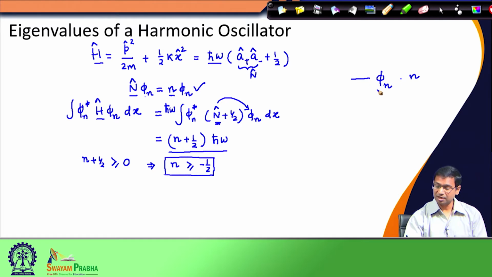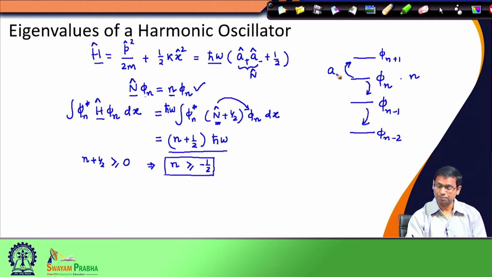So, we said that if I apply my step down operator on phi n, I will generate phi n minus 1 function. If I apply the step down operator one more time, I am going to get phi n minus 2. If I start applying the step up operator instead of the step down operator on phi n, I am going to get phi n plus 1.